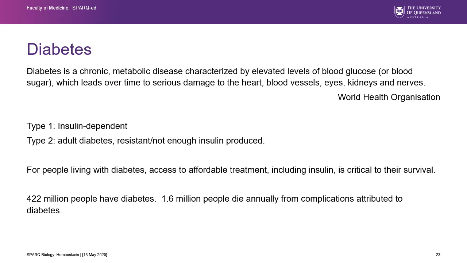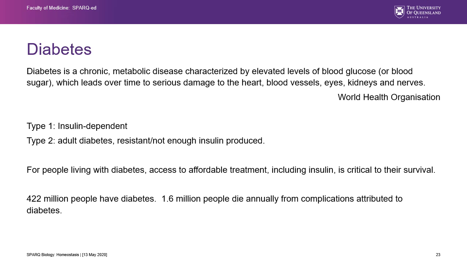The regulation of blood sugar doesn't always work the way it's supposed to. Diabetes is a chronic metabolic disease which is characterised by high levels of blood sugar. Over time, these high levels of sugar in the blood can cause serious damage to the heart, kidneys, blood vessels, nerves, and eyes. There are 2 types.